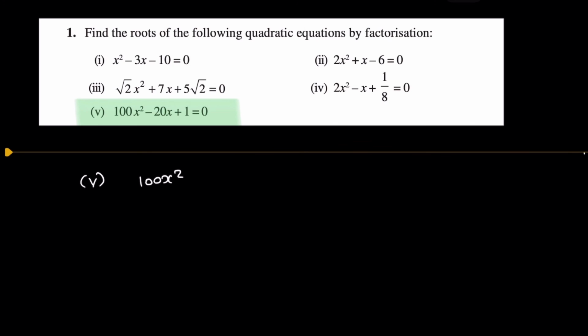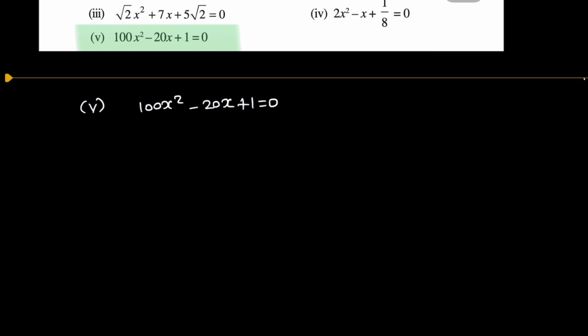100x square minus 20x plus 1 is equal to 0. Just compare with the general expression ax square plus bx plus c is equal to 0. Then the value of a is equal to 100, b is equal to negative 20, then c is equal to 1.